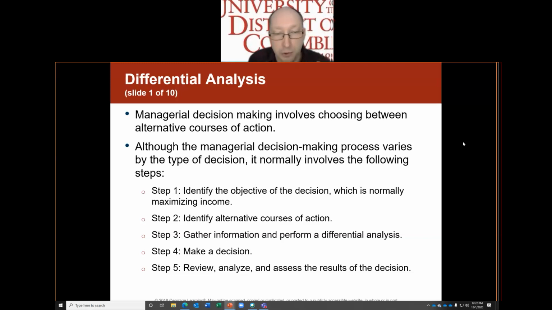Choice A, choice B, choice C. And it could be something like a product that you're purchasing to be able to sell. It can be something like a manufacturing decision. Am I going to manufacture this product, or this product? Am I going to make a decision to buy or lease an asset? Those are the types of decisions, right?